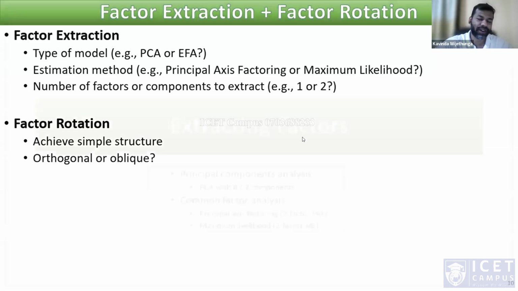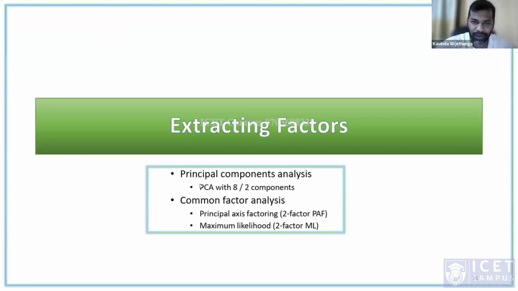We'll see how we can extract the factors from our questionnaire. So here we are trying to discuss principal component analysis, with 8 and 2 components. So the 8 components වලට කොහොමද අපි වෙන් කරගන්නේ? ඒ වගේම 2 components වලට ගන්න කොහොමද කියලා බලනවා. Then the other thing is, one is principal component analysis.